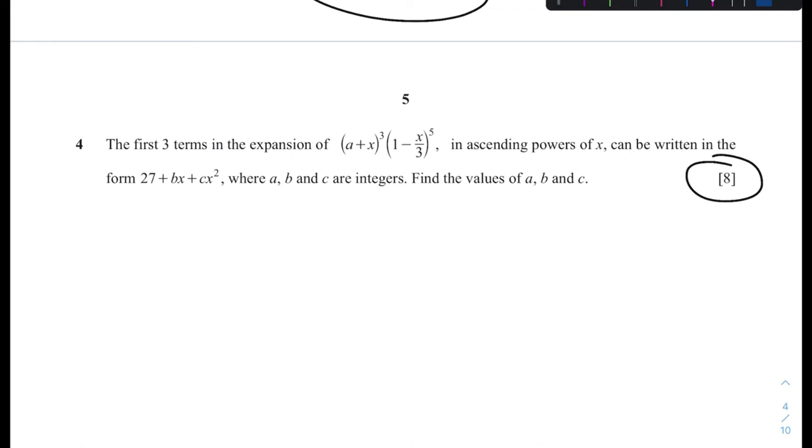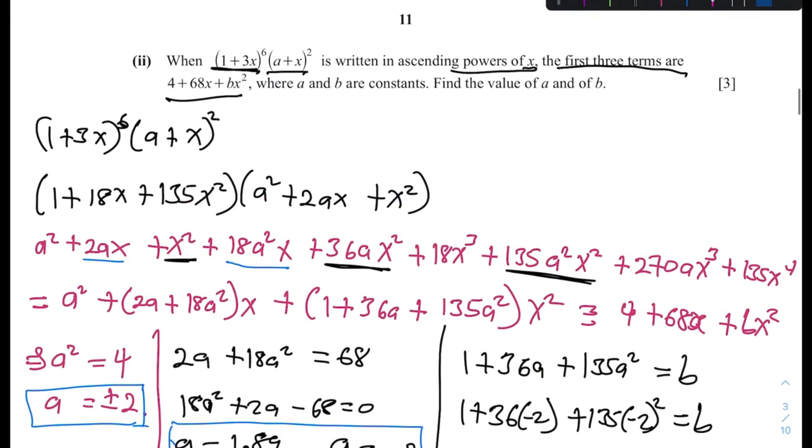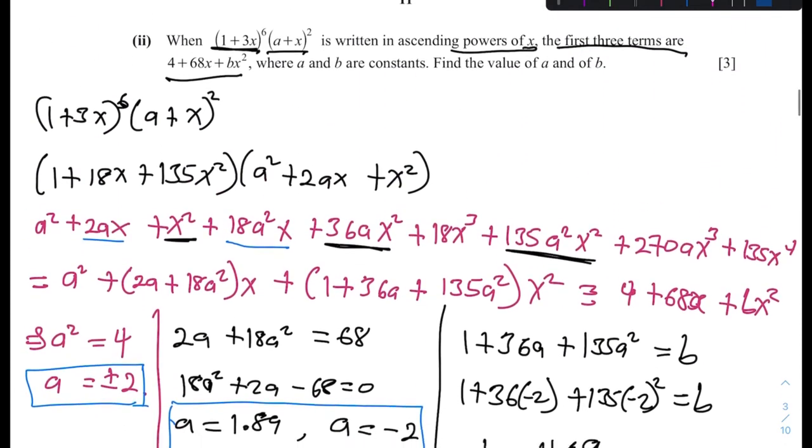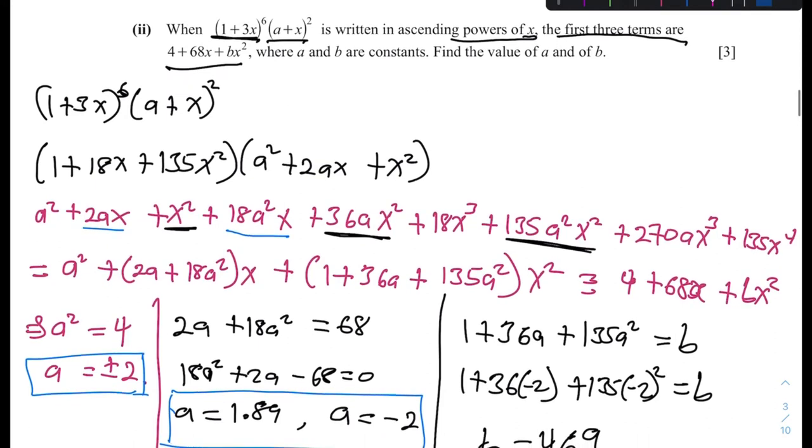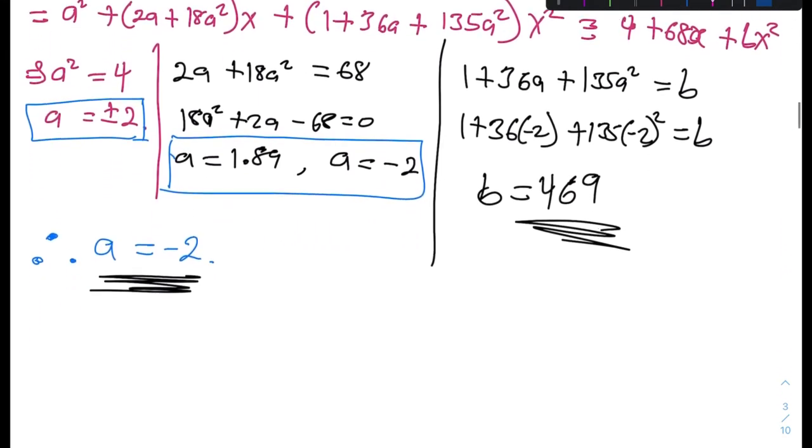It says the first 3 terms of the expansion of this in ascending powers of x can be written in this form. So you should find a, b, and c, and those are integers. This question has some similarities with the one we just solved, and we are going to apply the same concept to solve it.